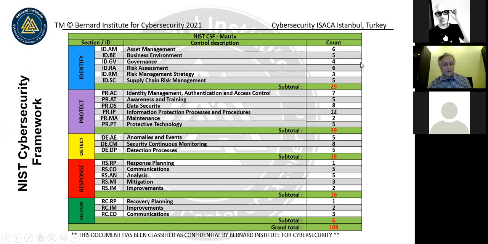So these really build the program. Now under the incident handling process, you can see there's a lot more emphasis on being able to detect anomalies. Of course, makes sense, right? And then being able to respond just a little bit less. But when you talk about recovery, 6 control points, not very much. Recovery planning, making improvements, and then communicating what those improvements are.